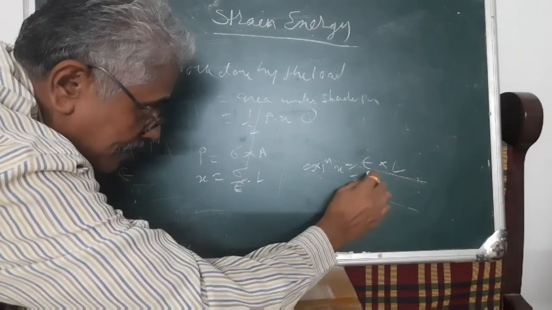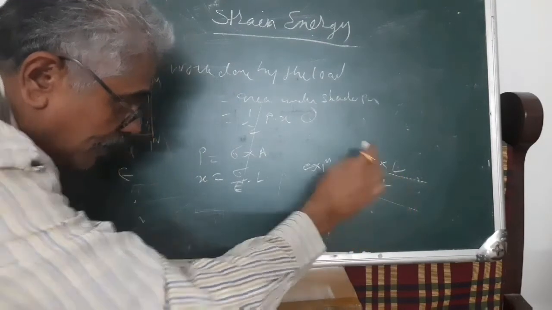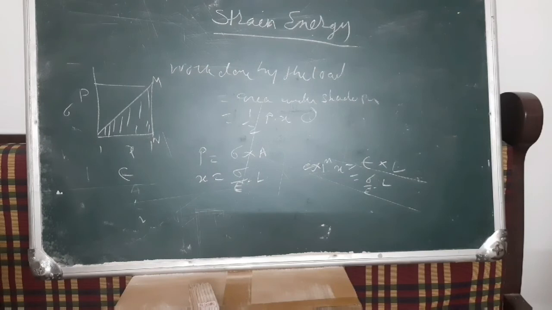What is epsilon? Sigma by E into L. That is the basic equation from which we are getting the equation.